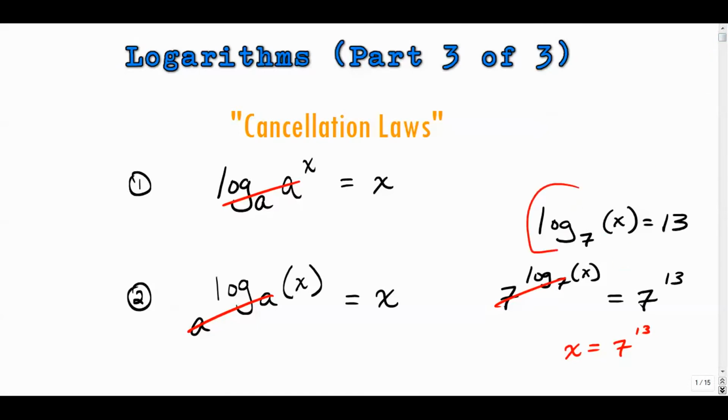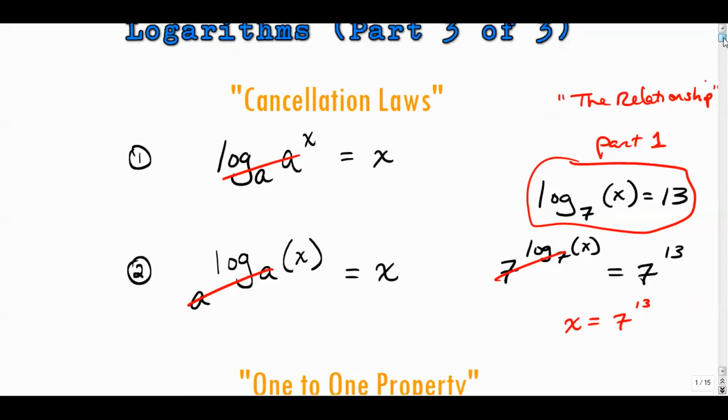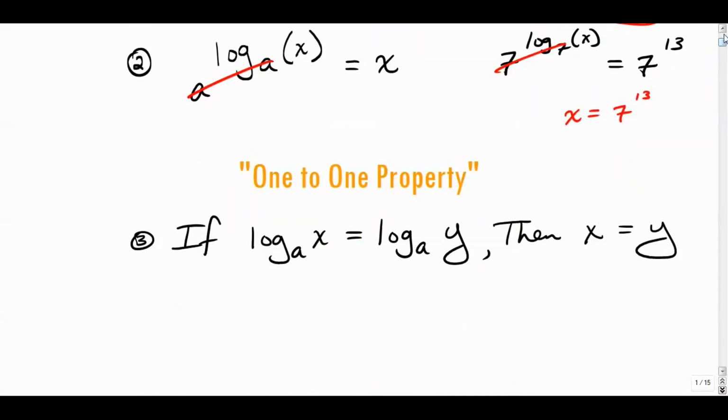Those are your two cancellation laws, or inverse properties. This one right here you can probably solve a little easier using the relationship, which we'll go back to in a second. That was in part 1, the big thing that we introduced, this relationship in logarithms. There's also a one-to-one property that you want to familiarize yourself with.